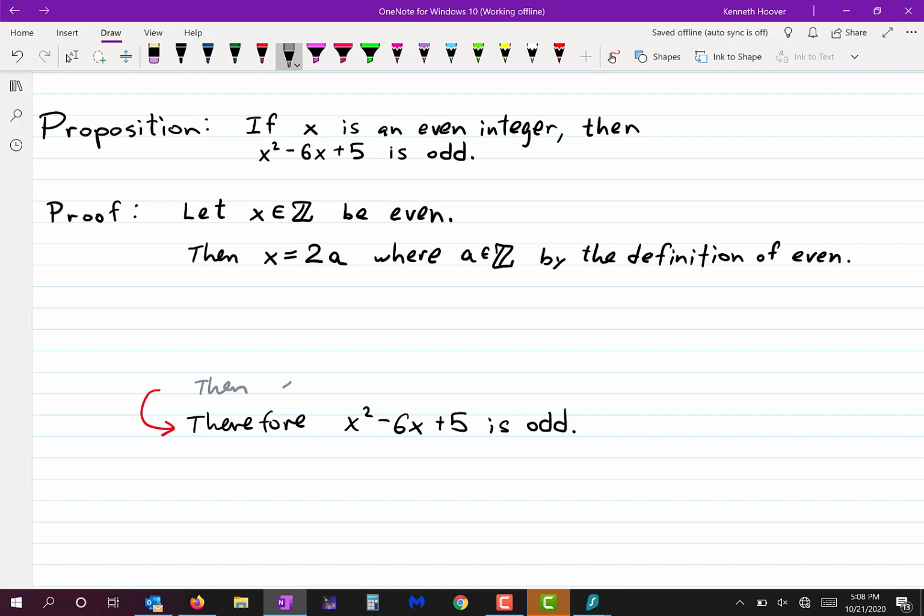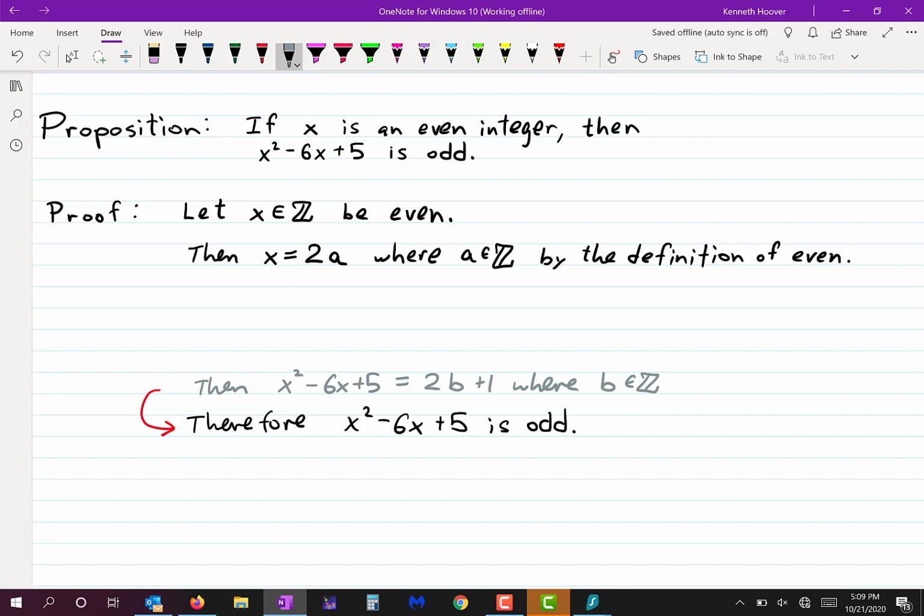Then x squared, I may have said x a minute ago, and I didn't mean x, I meant this number that's there, which is x squared minus 6x plus 5, equals, hopefully, we'll be able to show that it equals 2 times something plus 1, where that something is an integer.